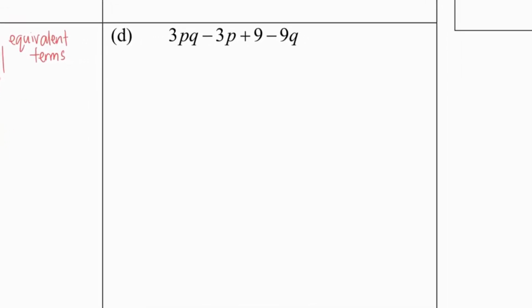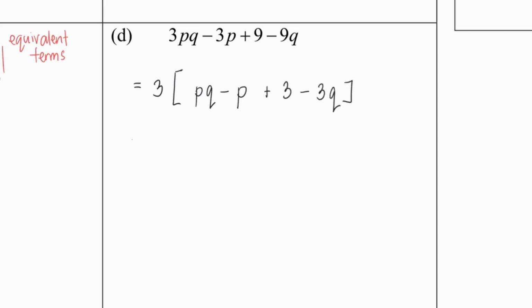For part D, the very first thing I see across all 3 terms is that there is a common factor. What's the common factor? 3. Yes. And therefore, I'm left with PQ minus P plus 3 minus 3Q.